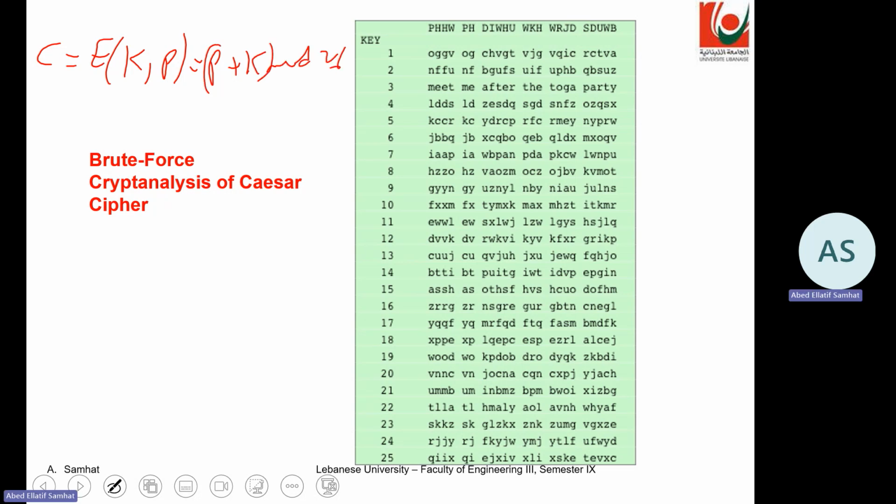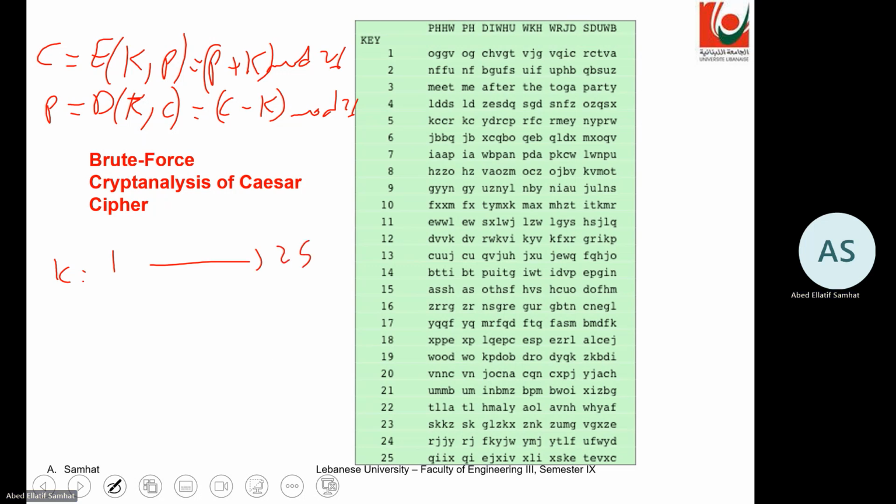If we want to decipher, we obtain the plain text as the decryption with the key, which equals the ciphertext minus K mod 26, and we say that K is the secret key, which could be any value from 1 to 25.